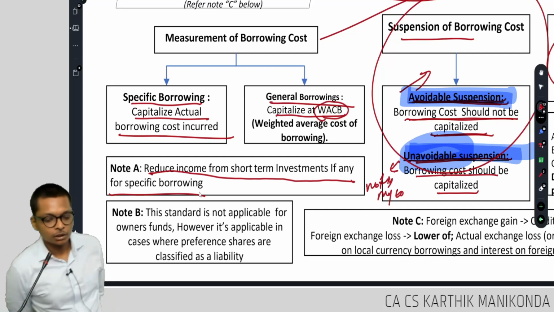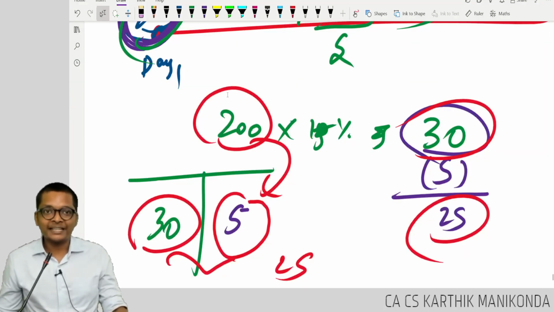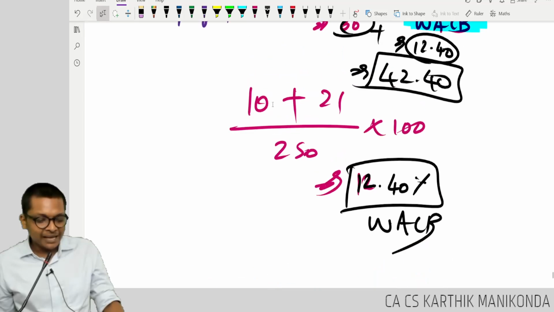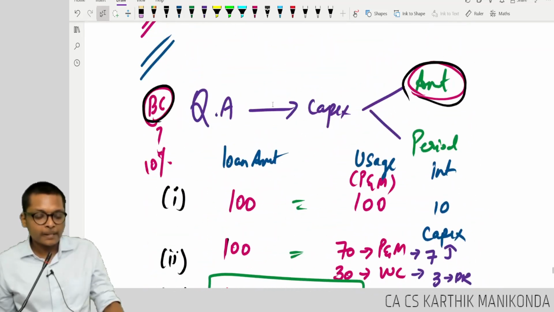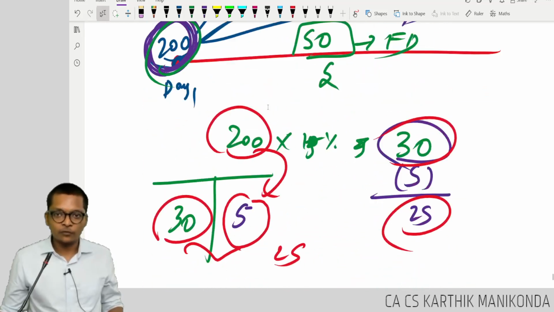Clear, guys? So these are the maximum cases that you can get for different scenarios. We are of course going to do sums for all of this. Two checkpoints that you have to do here.